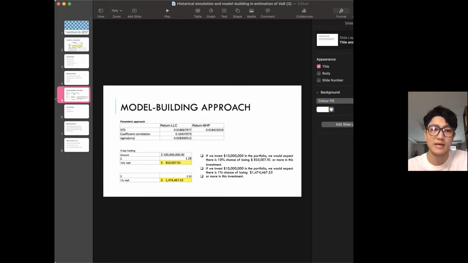If we invest 10 million in the portfolio, we would expect a 1% chance of losing about 1.46 million or more in this investment, which is lower than the historical simulation. We can see the distributions of the two methods are quite different. One follows the historical distribution and the other follows a normal distribution.